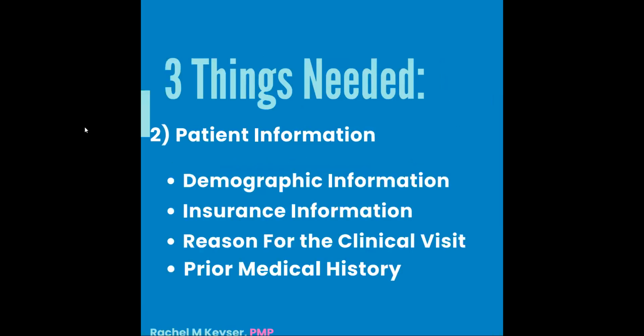All right, the second one is patient information. So what happens is within the system, there has to be the patient information. And that system is the one where they're going to be taking the patient demographic information. And what that means is your name, the patient name, age, address, and that kind of thing.